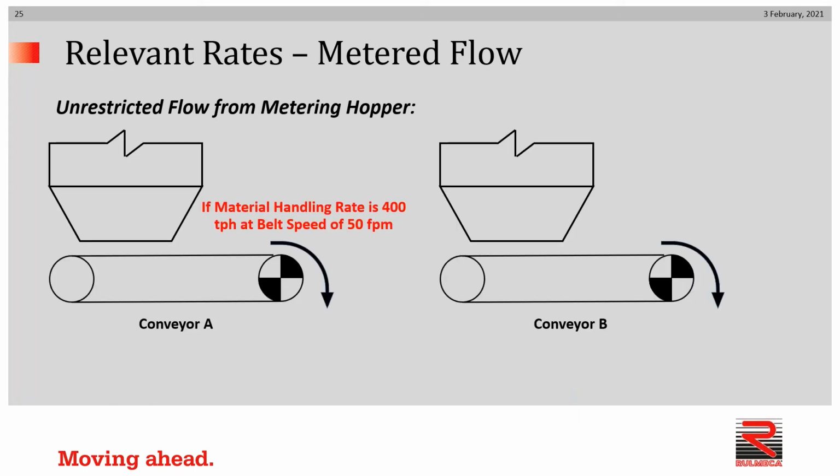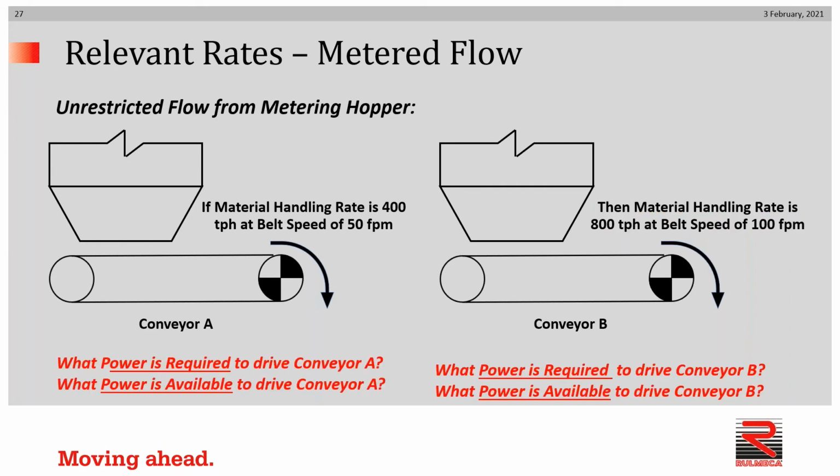So if we have a material handling rate of 400 tons per hour at a belt speed of 50 feet per minute, for example, if we were to increase the speed in the example on the right, conveyor B, and we set it at 100 feet per minute, the material handling rate will double to 800 tons per hour. How do we go about checking required and available power in the A example? How do we go about checking the required and available power in the B example? Let's look more closely.